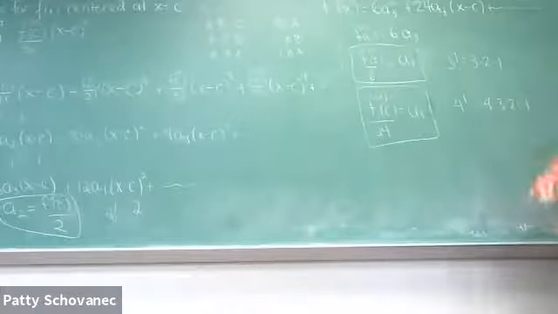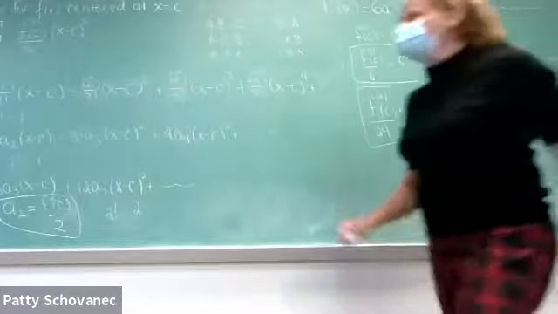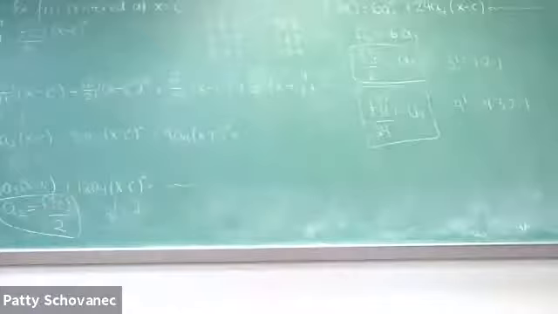Okay, so there's the formula for a Taylor series, and remember how to get a Maclaurin series? Take c to be 0. So when c is equal to 0, we have a Maclaurin series.